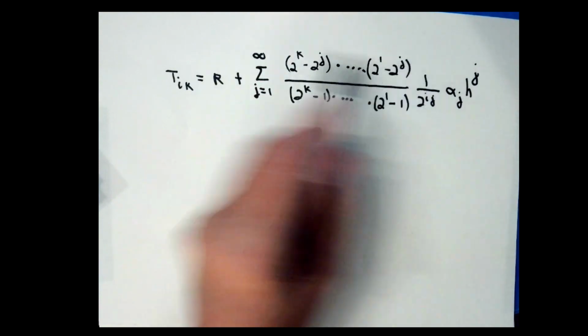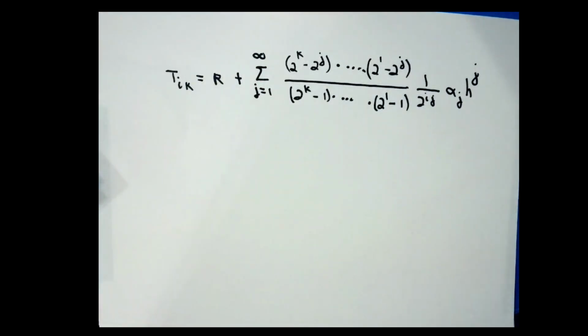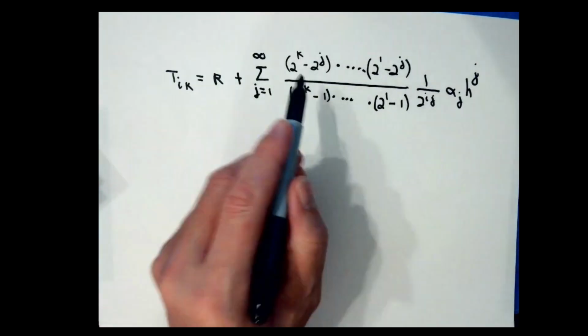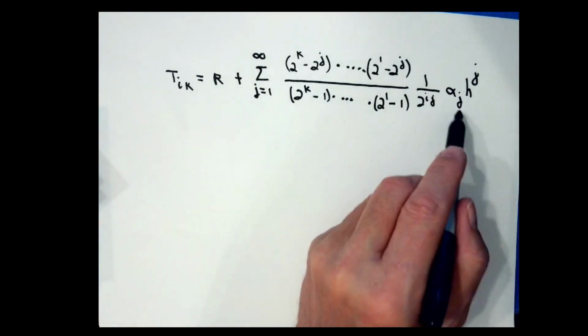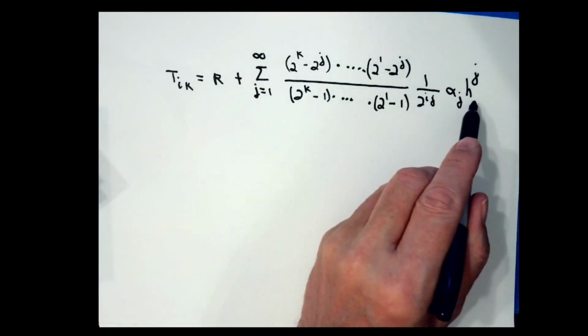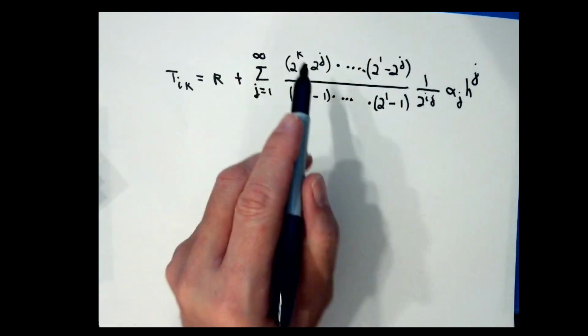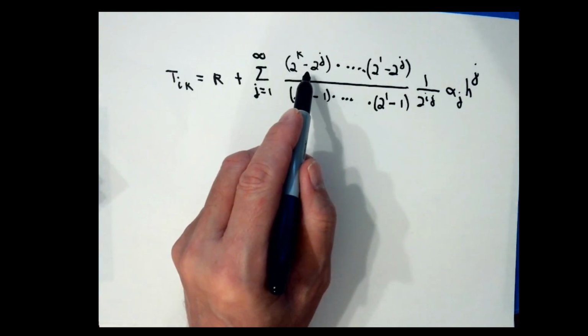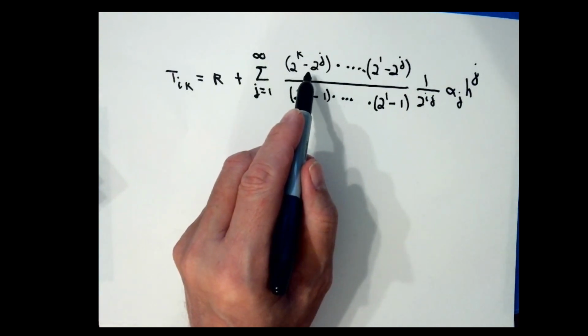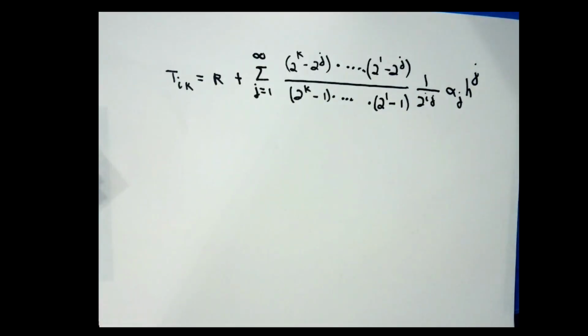The numerator will be 0. The coefficient of the h squared term will be 0 also, and so on and so forth, all the way out to the alpha k h to the k power term. There's going to be some numbers and a factor of 2 to the k minus 2 to the k, which is 0. This proves to me what we thought was true is true.